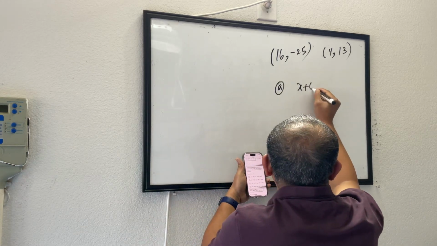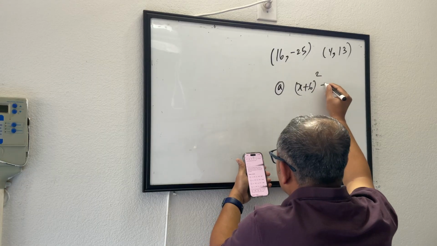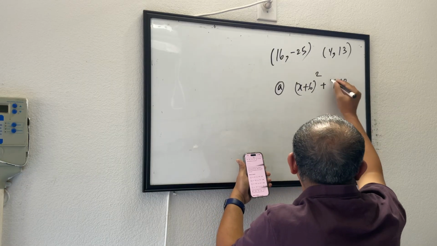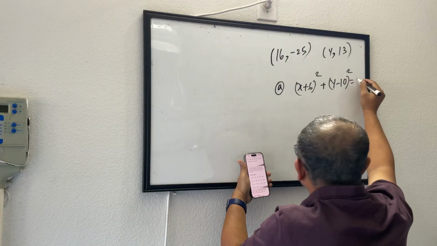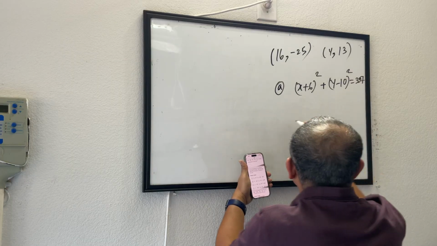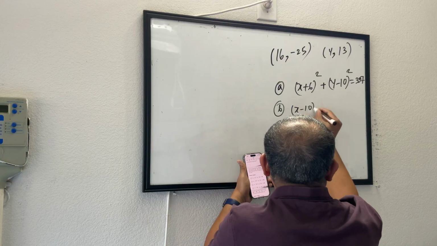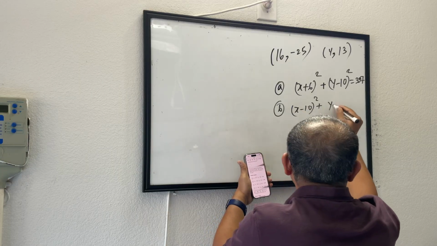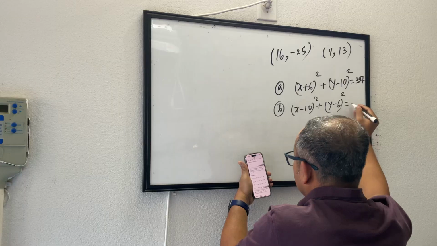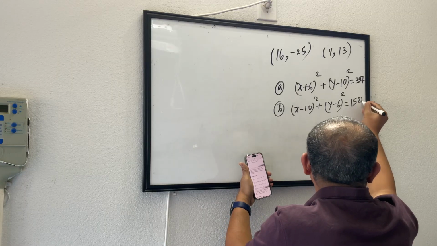The first option is (x plus 6) square plus (y minus 10) square equal to 397. The second option is (x minus 10) square plus (y minus 6) square equal to 1588.